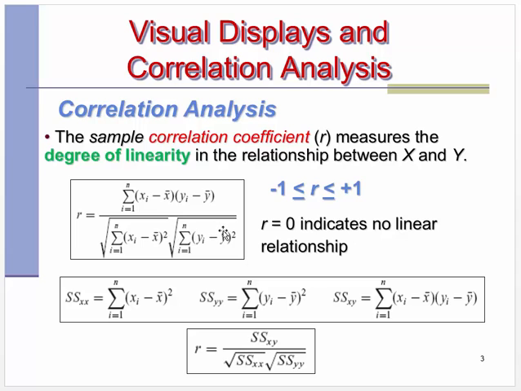By definition, mathematically speaking, R can only be between +1 and -1. If R is 0, it indicates no linear relationship.